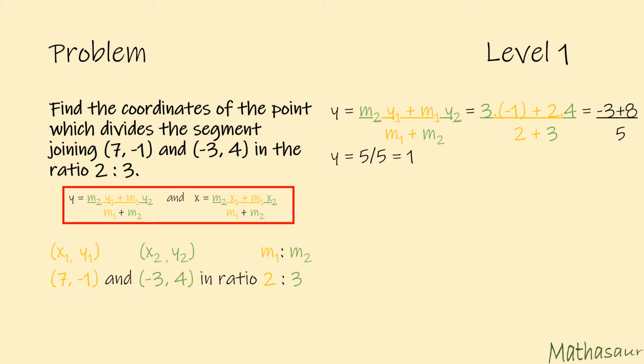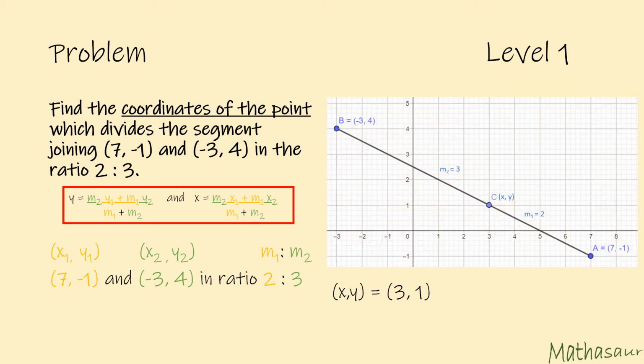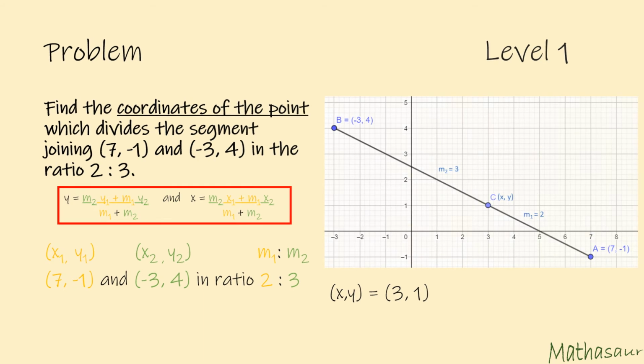We find that y equals 1 and x equals 3. So the coordinates of point C would be (3, 1). Let us verify that from our diagram. We can see that the point C has an x coordinate 3 and a y coordinate 1. Brilliant.